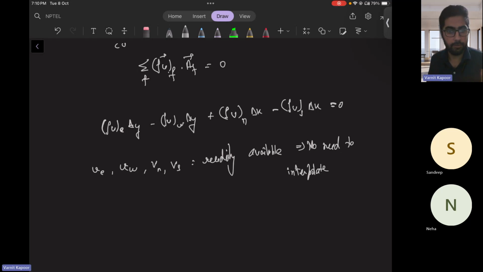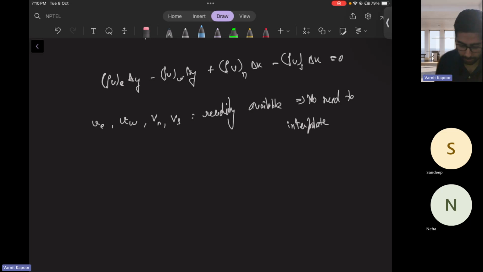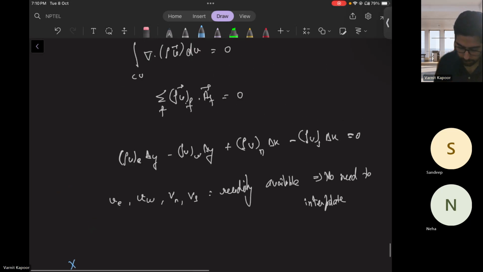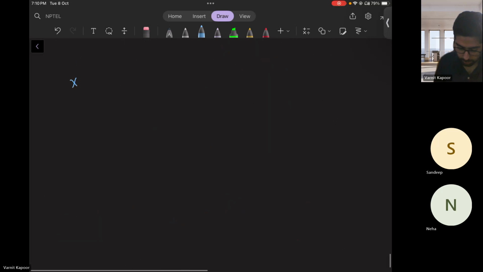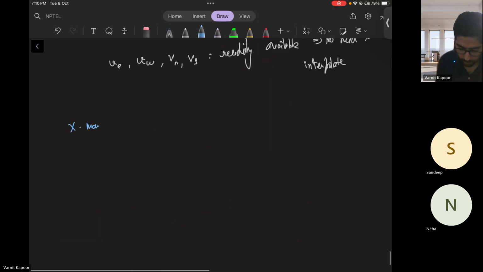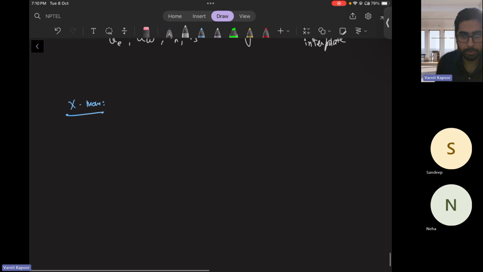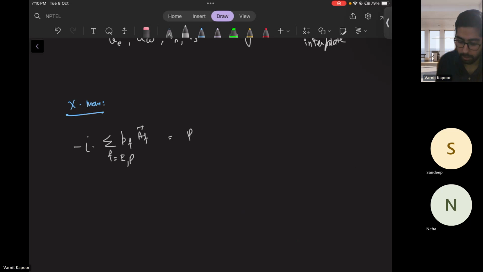Now comes discretization of x momentum and y momentum equations. So we already have the momentum equations. For the x momentum equation, using the control volume, you have i dot summation of P f A f, where the faces will be E and P. So that was PP and PE del Y, already done above.